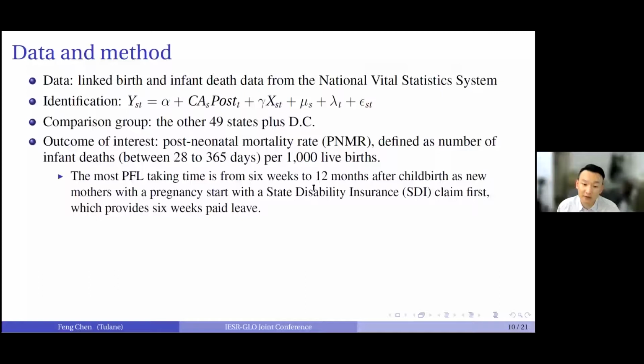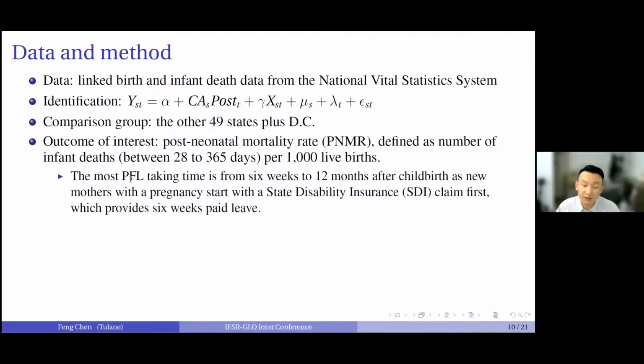Recall that California has disability insurance, which provides 6 weeks of paid leave. So this policy is an expansion from 6 weeks. Please also note that the paid family program in California offers 6 weeks of leave, but this leave does not necessarily need to be taken consecutively.